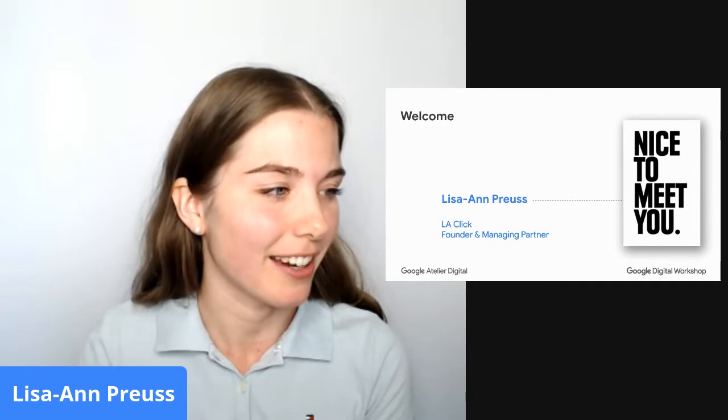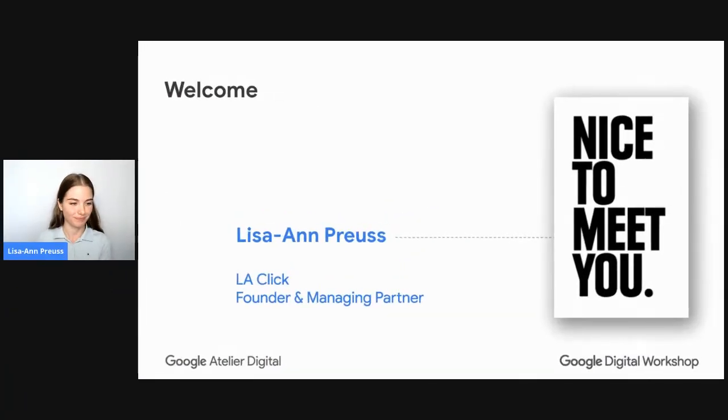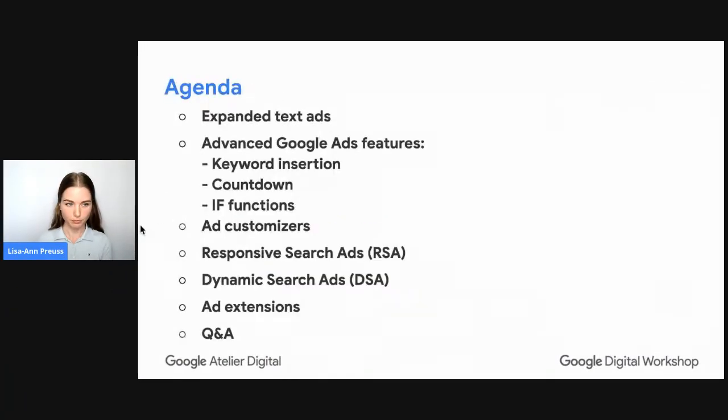I'm super excited to take you through the following agenda. First off, we'll be diving into expanded text ads, and after that, I'll take you through advanced Google Ads features like the keyword insertion, the countdown function, and the if function.